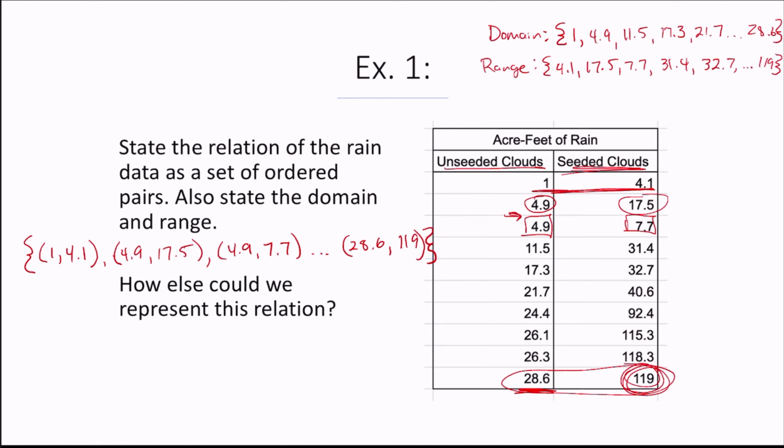How else could we represent this relationship? Well, we could represent this relationship, for instance, by graphing. A lot of the relationships we're going to represent either in tables or by graphing.